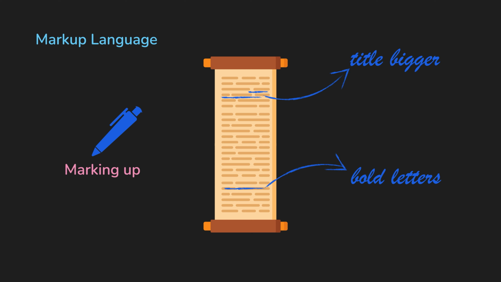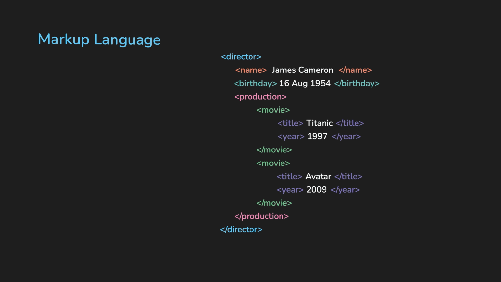Later on, when we started to use computers, this blue writing was replaced with tags, but it still served a similar purpose, which is why we still use the term markup. So markup language is essentially a human-readable computer language that defines elements and stores information using tags.